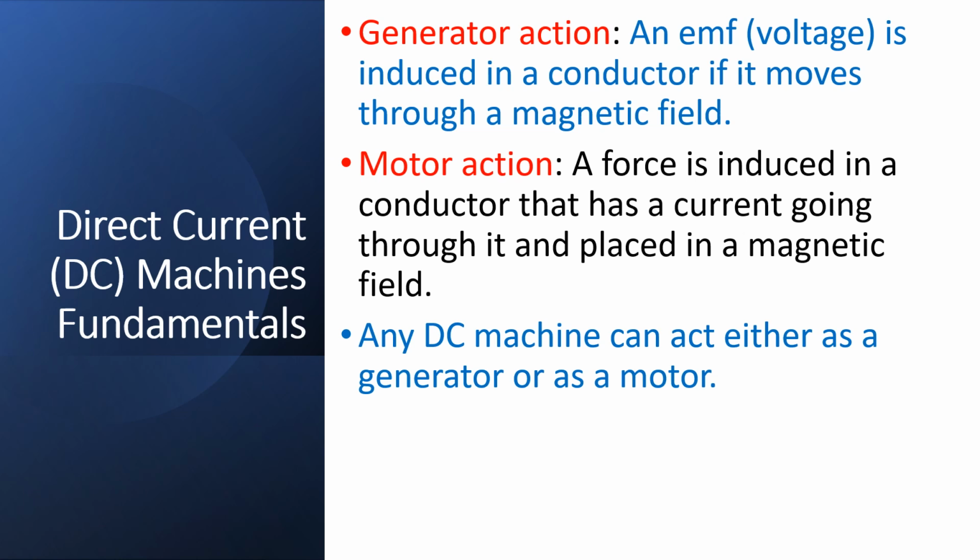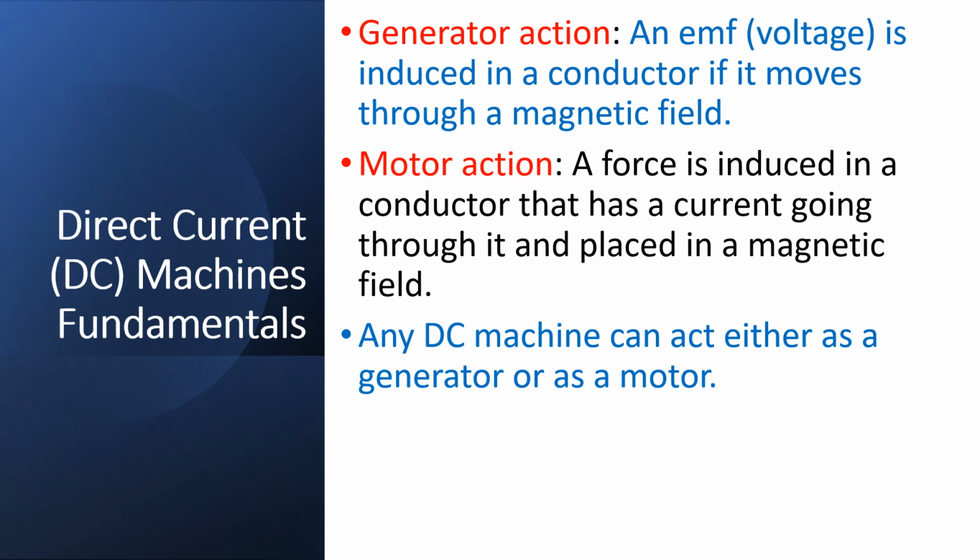Okay, so direct current machinery fundamentals. For the generator action, an induced EMF or voltage is induced in a conductor if it moves through a magnetic field. So the rotor of the generator moves through a magnetic field and it induces a voltage in a conductor.